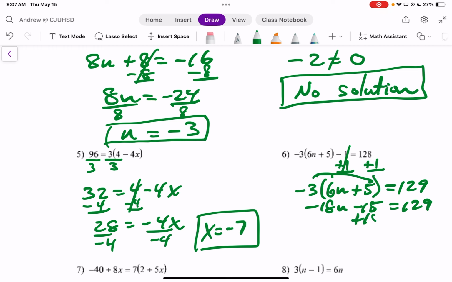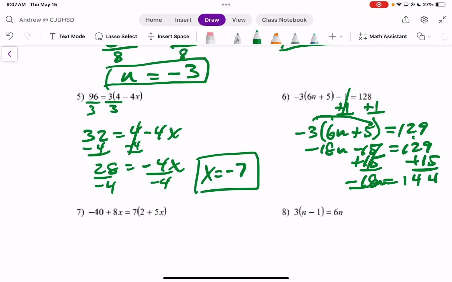Okay, and then we're going to add our 15. We're down to a two-step equation already. And let's see, that'd be 4, carry the 1, 4, and a 1. So 18 going into 144. Oops, 18n. 144 divided by 18. The answer is 8.